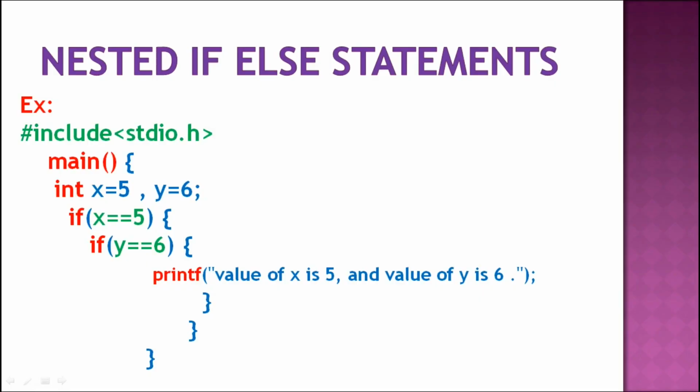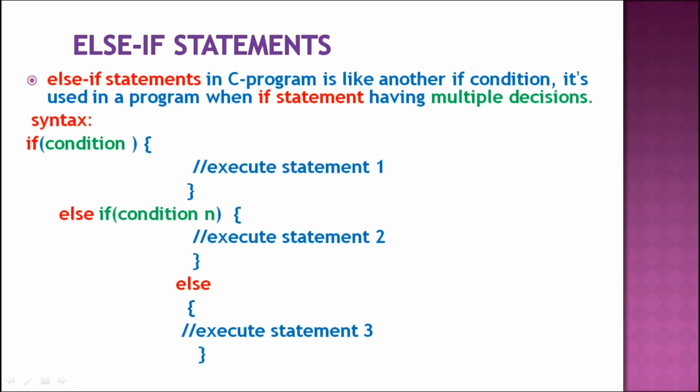Here see the else-if statement. Else-if statements in C programs are like another if condition. It is used in a program when an if statement has multiple decisions. Here is our syntax.